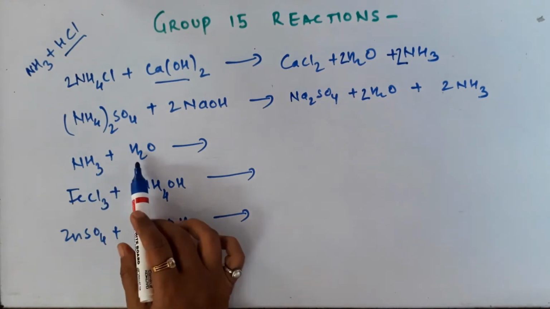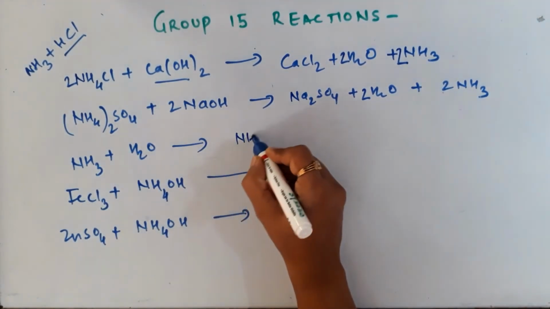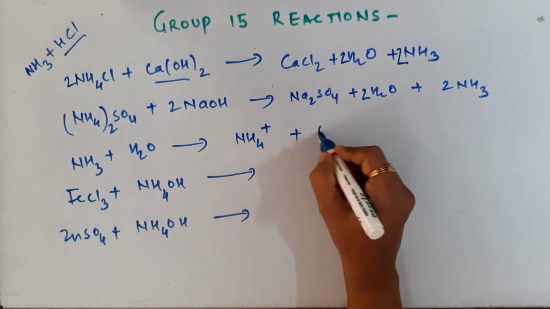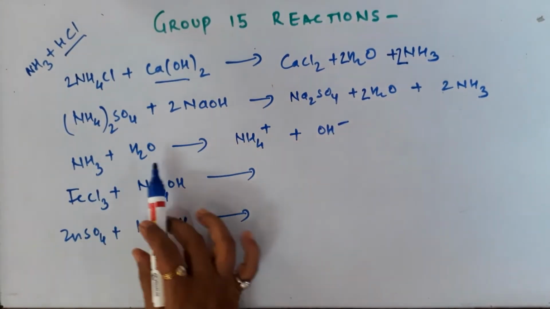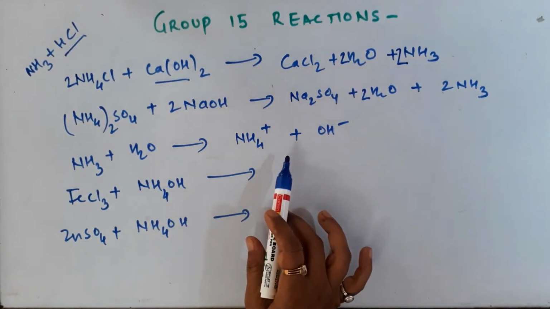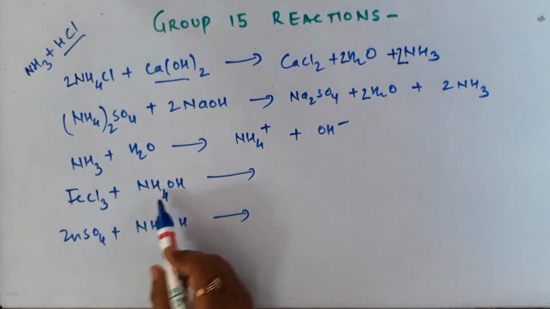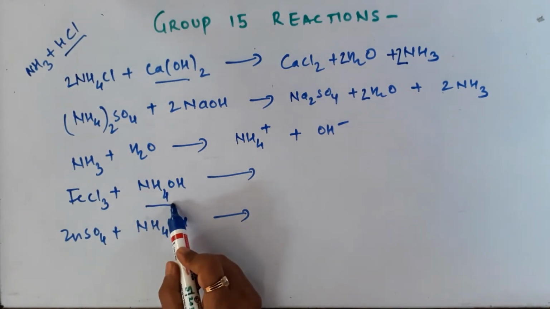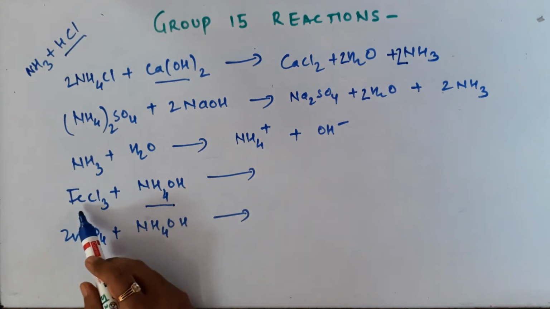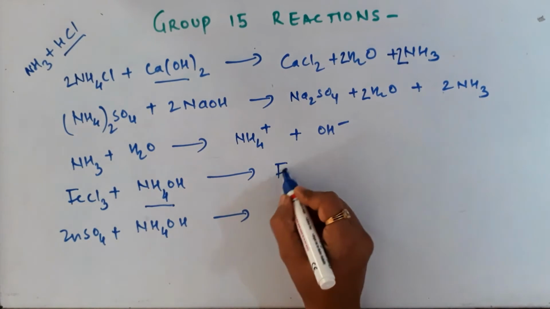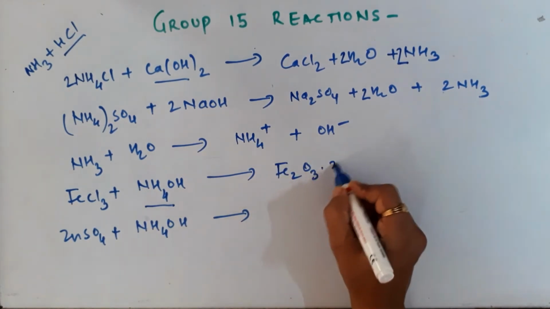Ammonia is a base because when it reacts with water, it gives you NH4 plus and OH minus. This is very simple, turning red litmus blue. Ammonium hydroxide is a very good reagent for testing the presence of many metal cations like Fe3+. So here you will get a reddish brown precipitate of Fe2O3·xH2O.